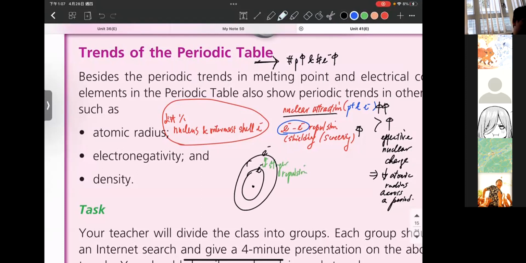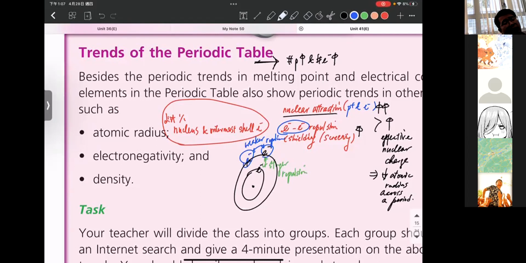When you compare between these electrons and these electrons, we could also get a repulsion, but it's relatively weaker. Do you understand? So even though I increase the number of electrons, that type of shielding will contribute to a lesser extent when you compare it with nuclear attraction. So we call that effective nuclear charge.